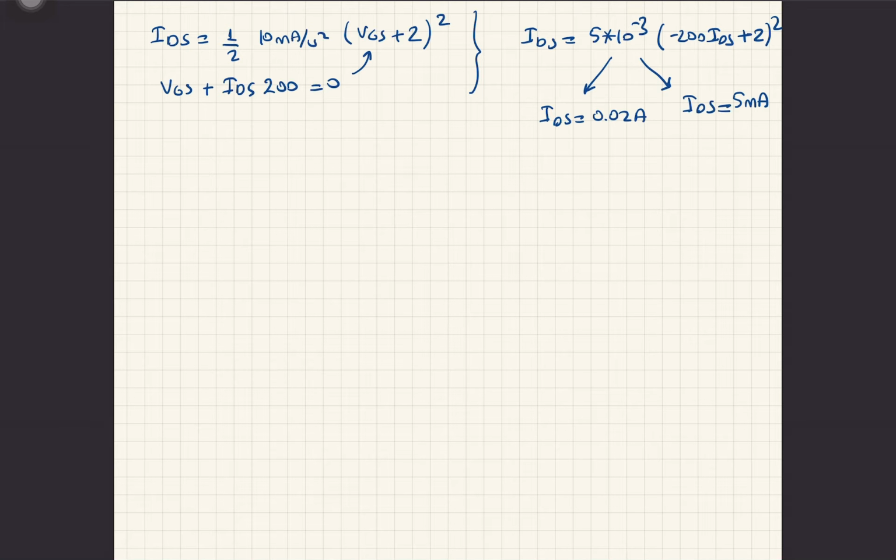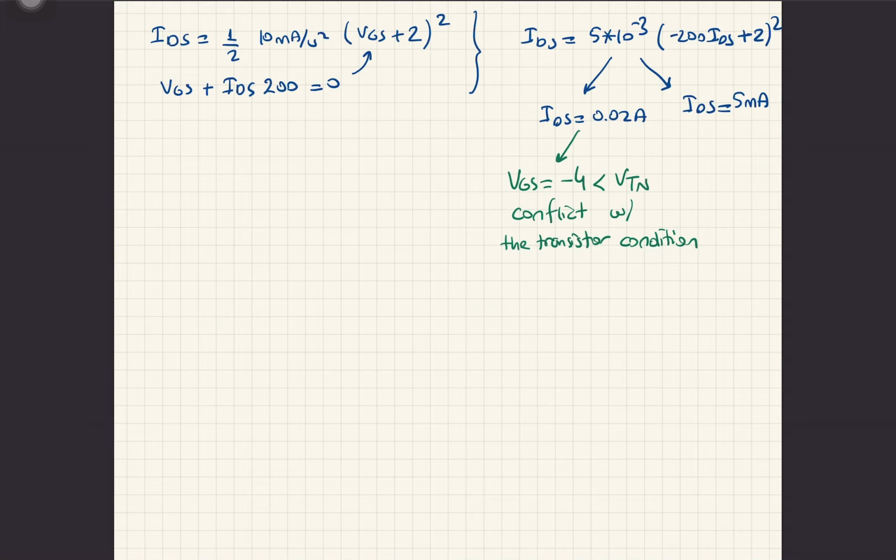Which one am I going to choose? I have to check the conditions. If you use the first expression, VGS will be equal to minus 4, which is less than VTN, so it conflicts with the transistor condition.